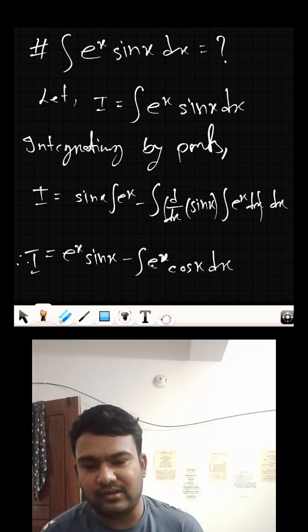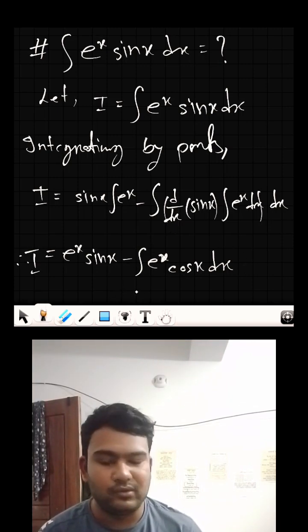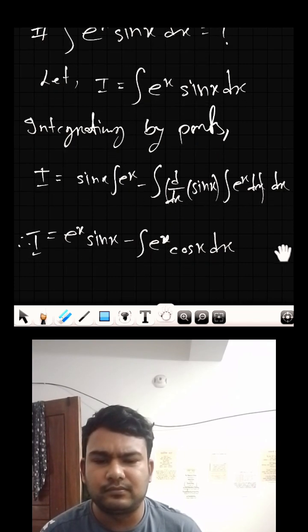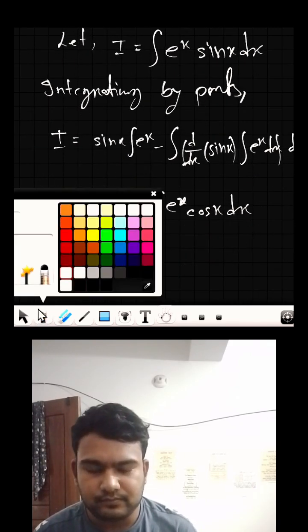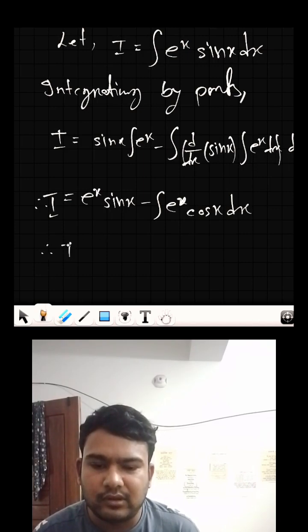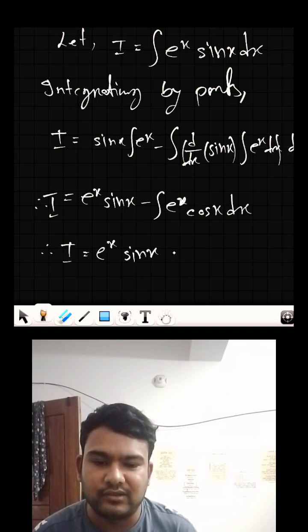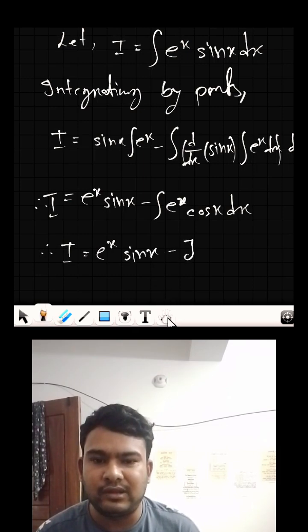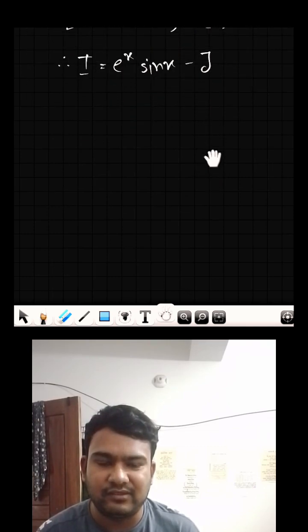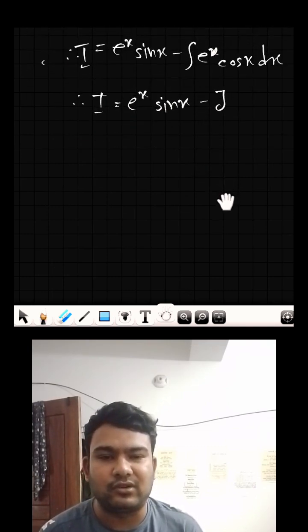So we let this integral as J. Okay, so now we assume the second integral as J. So I equals e to the x sin x minus J. Okay, now we calculate J as I, where J equals integral e to the x cos x dx.